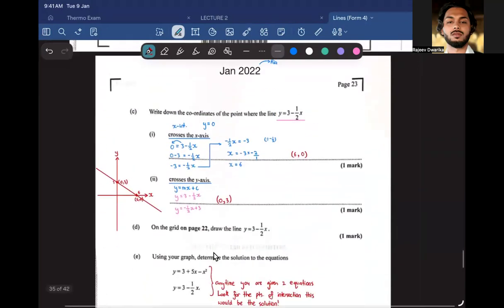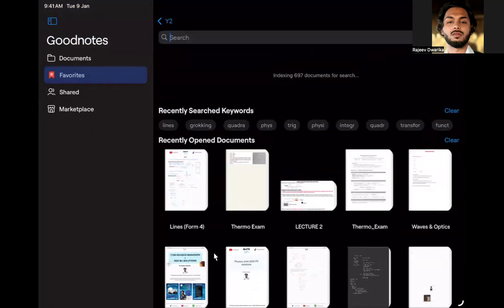Right, so this is January 2022. Let me just get the January 2022 paper.